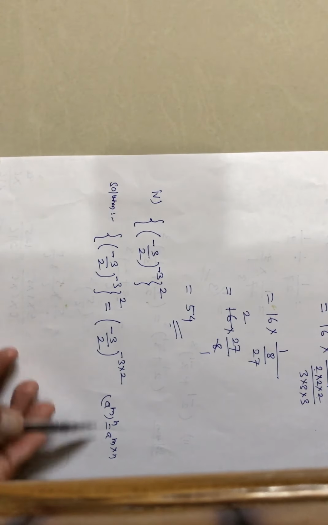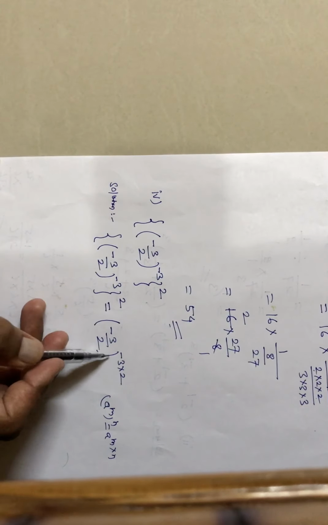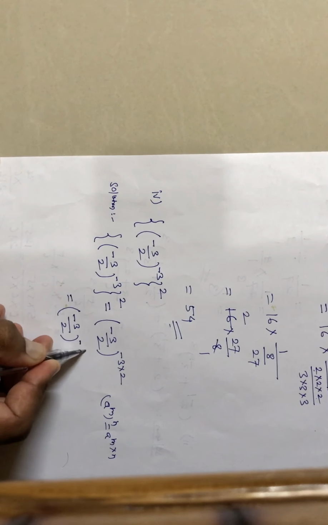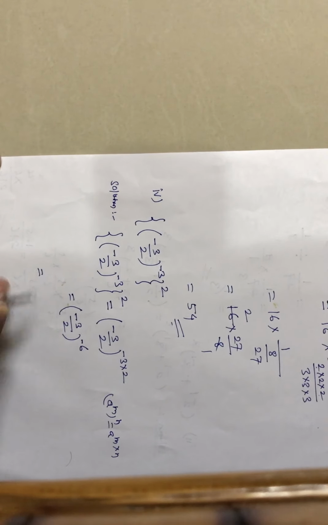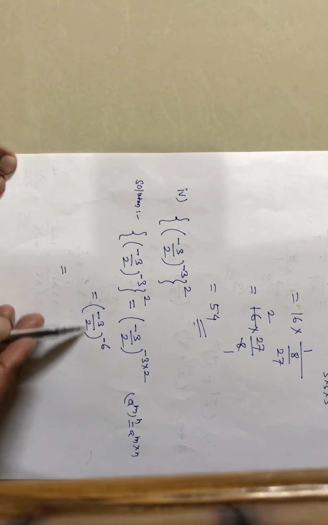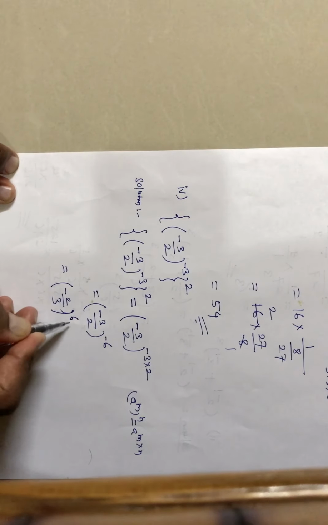So according to this rule, minus 3 upon 2 raised to minus 3 multiplied with 2, which is equal to minus 3 upon 2 raised to the power minus 6, which is equal to, we'll take the reciprocal of this, so this becomes minus 2 upon 3 raised to the power 6.